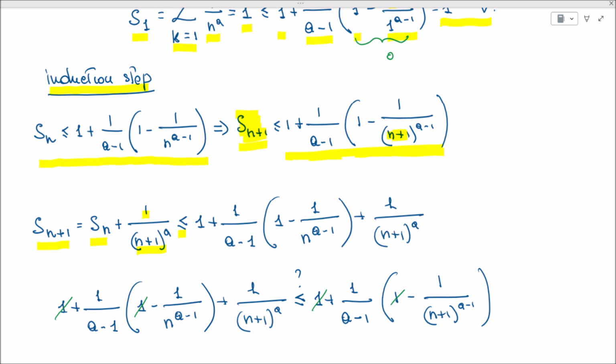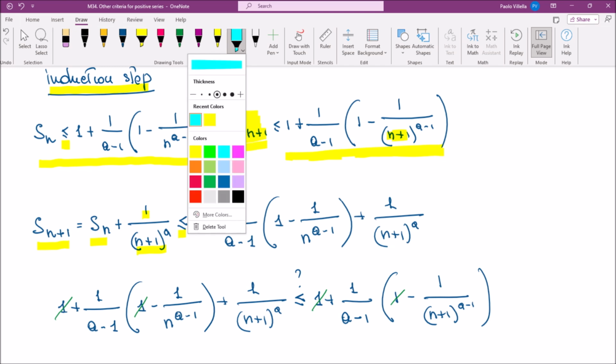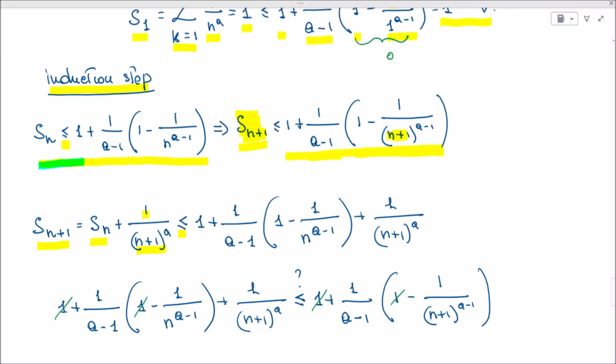But now, before doing that step, let me use the induction step hypothesis, right? By the induction step hypothesis, we know this about S n. Up to this point, we have just the expression of S n plus 1 to be S n plus 1 over n plus 1 to the a.